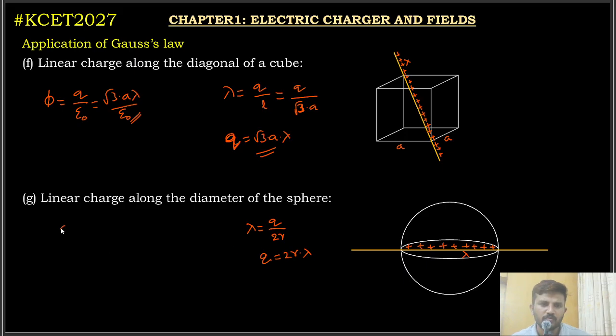Therefore the flux through the sphere is charge per epsilon naught, so 2r lambda divided by epsilon naught. These two questions are very, very important from the competitive exam point of view.